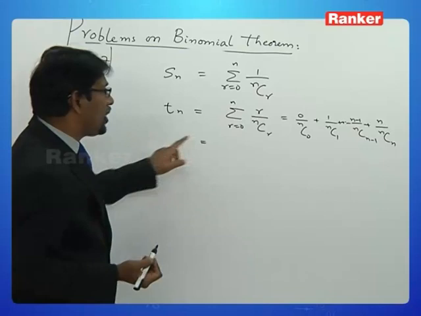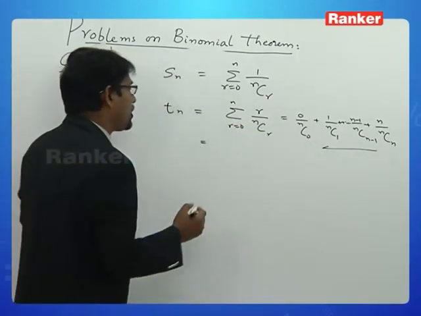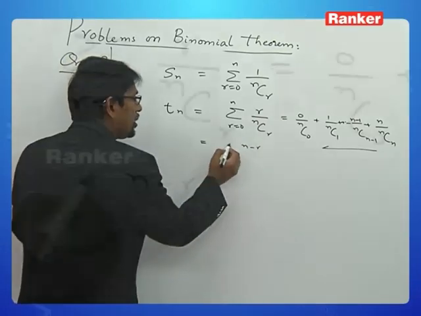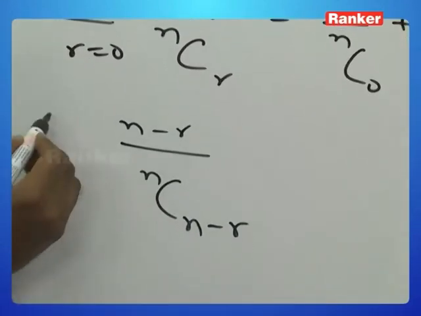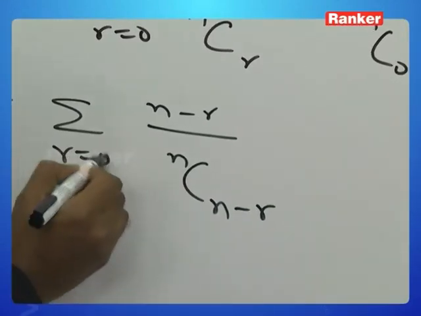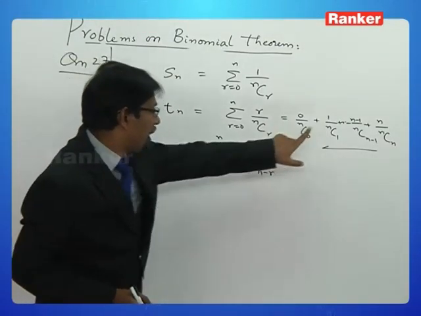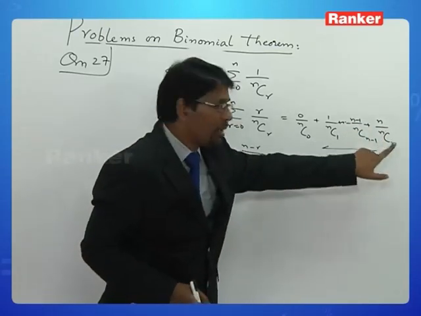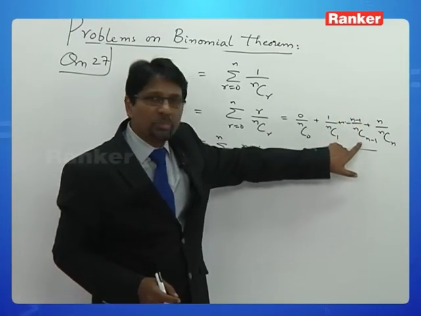Now observe that we can write the summation in the reversed order. So what do we get? We have n minus r by nC n minus r, sigma r ranging from 0 to n. So when I put r equal to 0, I will get n minus 0 by nC n minus 0. And when I put r equal to 1, I will get n minus 1 by nC n minus 1.